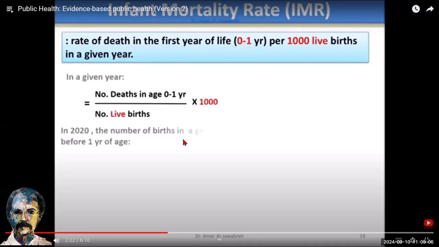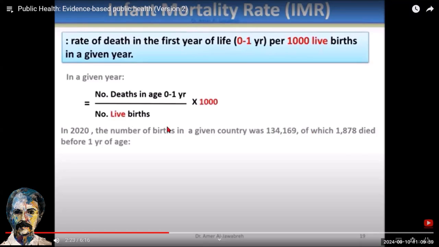This is an example. In 2020, the number of births in a given country was 134,169, of which 1,878 died before the age of 1. What is the IMR? Here we have those who died, 1,878, as the numerator.